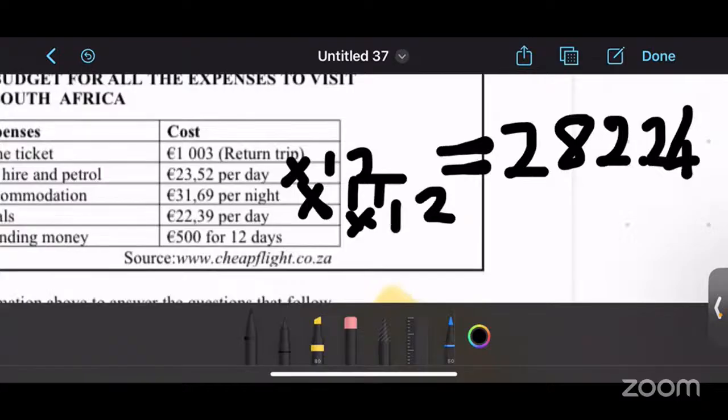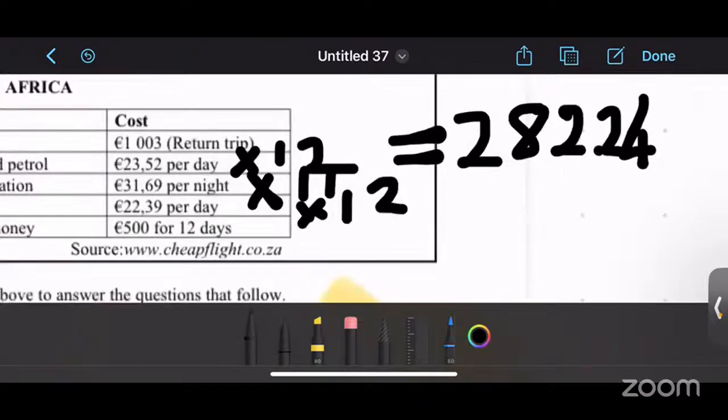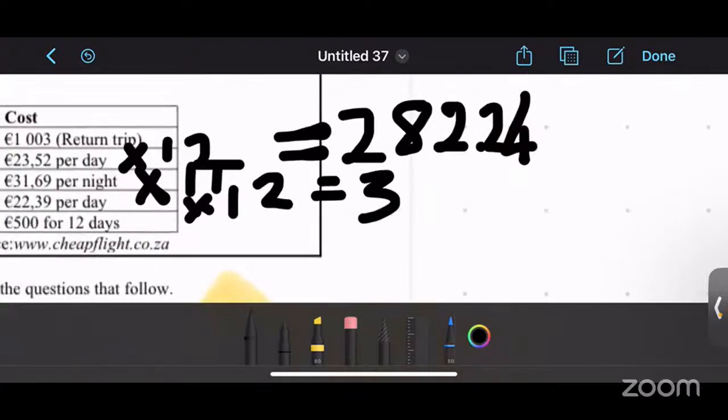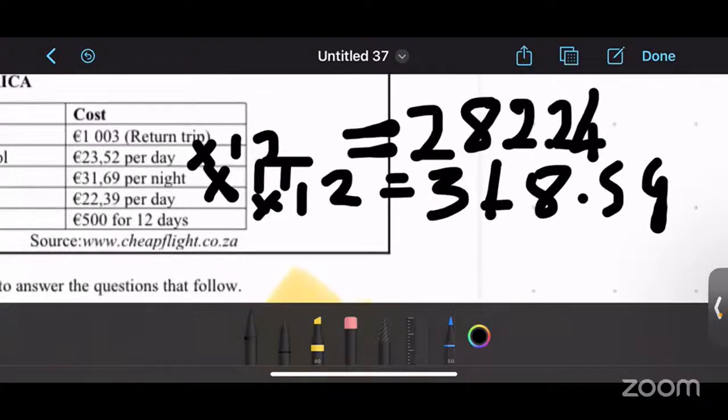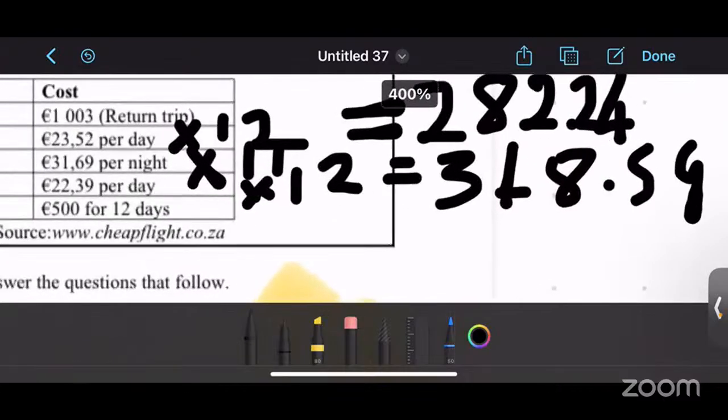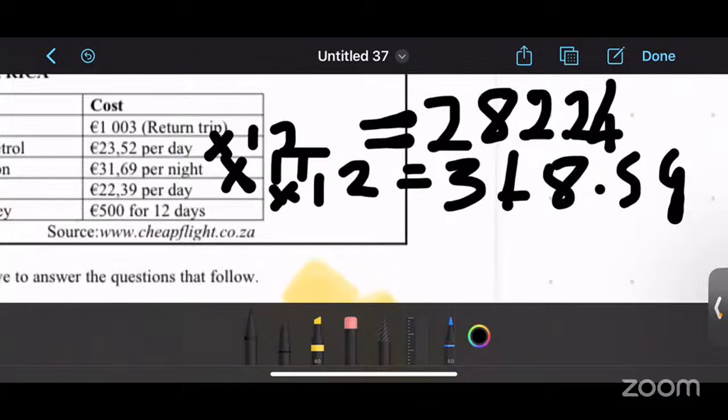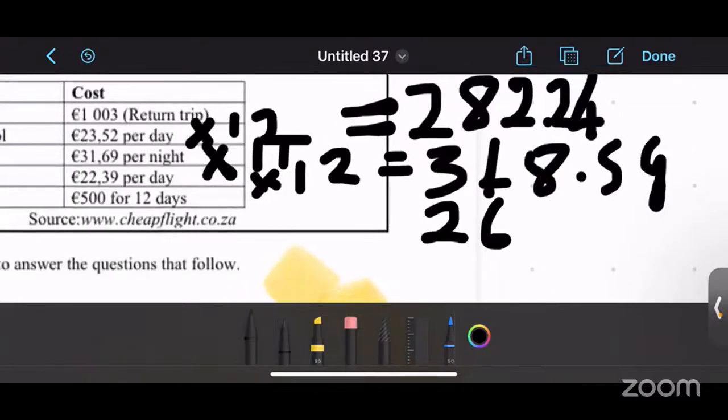And then 31.69 multiplied by 7. How much do we get? 3489, and then 22.39 multiplied by 12, we get 268.68.